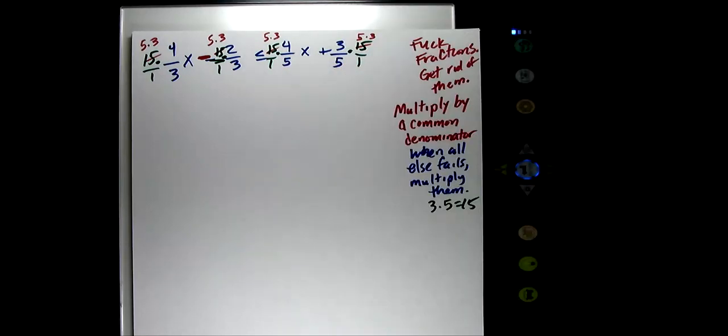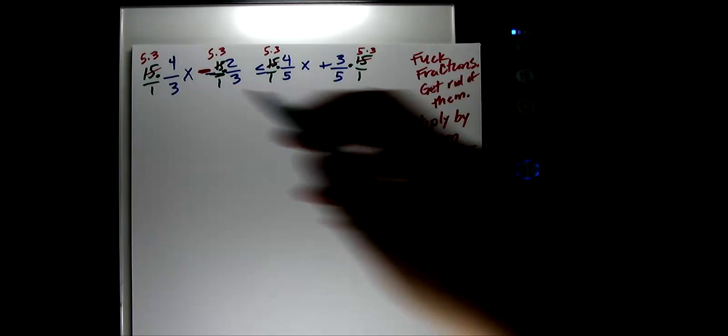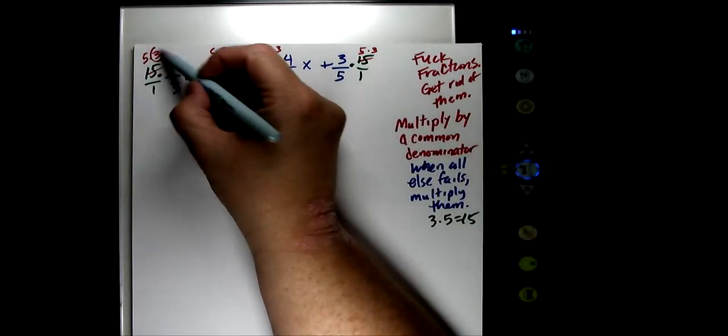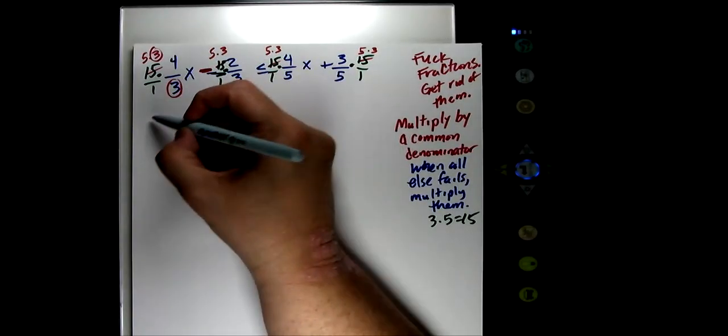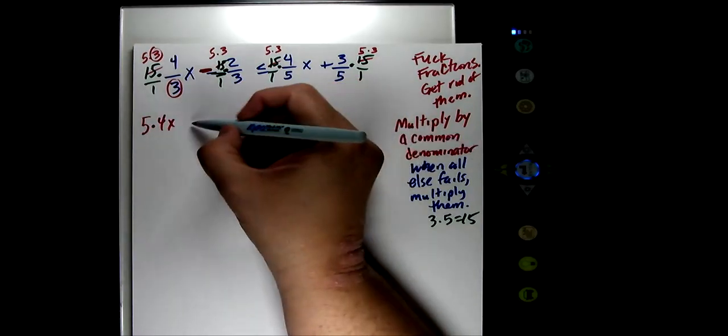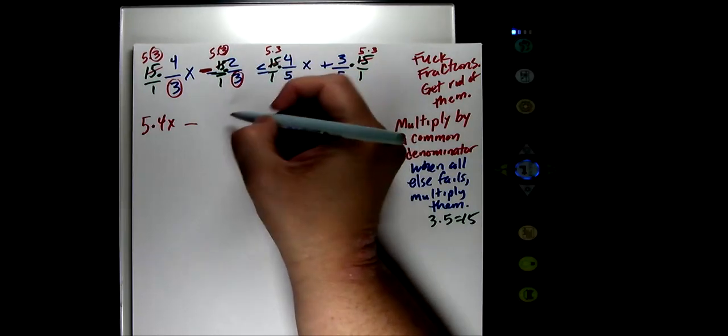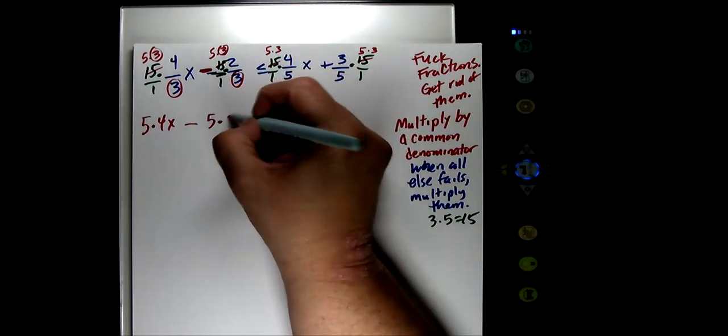Because then whatever shows up in the denominator, you just cross out. So I can cross out the 3's here. And that's going to leave me with 5 times 4x. And I can cross out the 3's there, and it's going to leave me with 5 times 2.